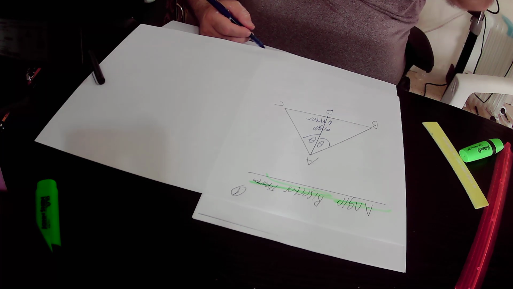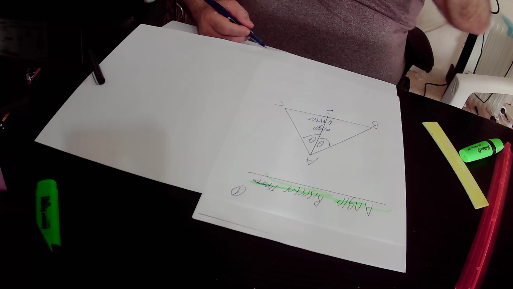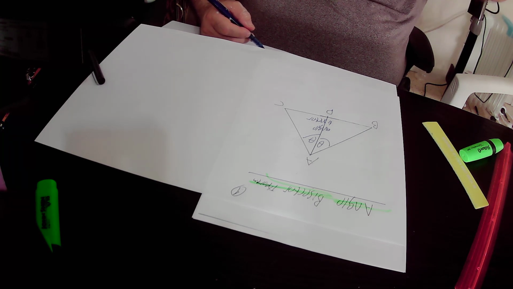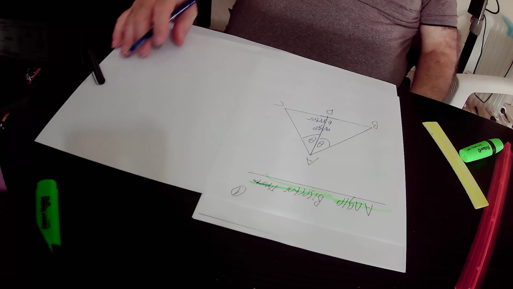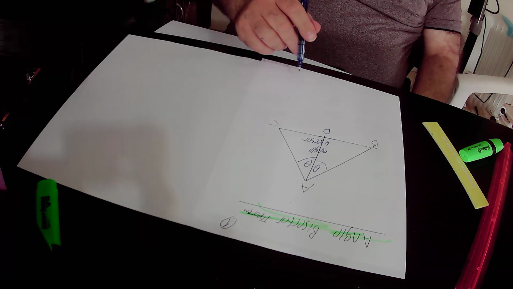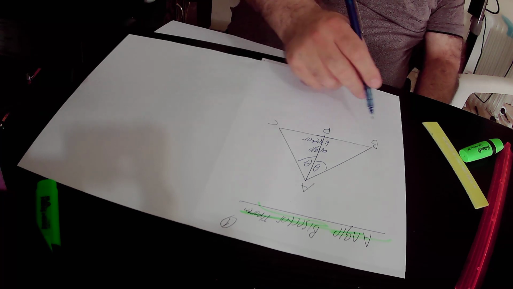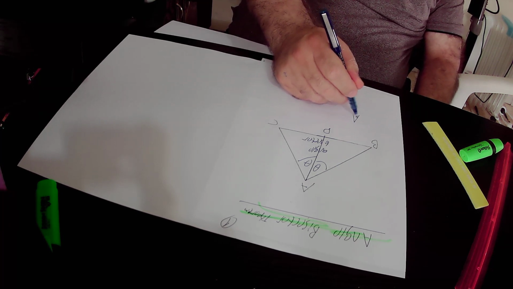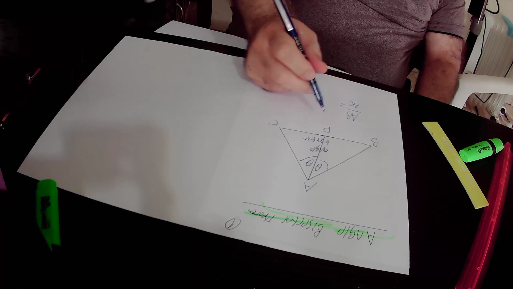The reason that we can implement the angle bisector theorem in this triangle is because we have the angle bisector AD, and triangle ABC could be any triangle. So according to the angle bisector theorem, AB over AC equals BD over DC.